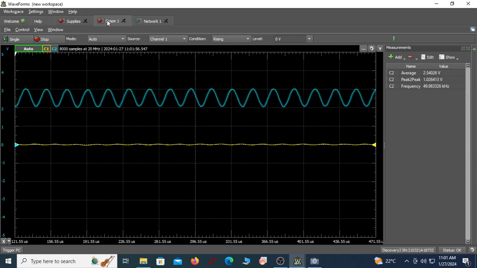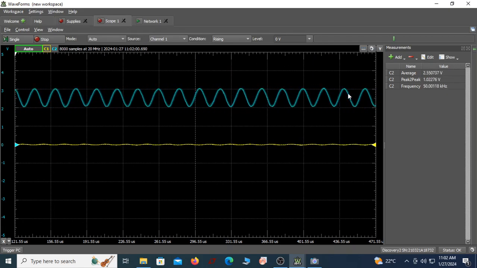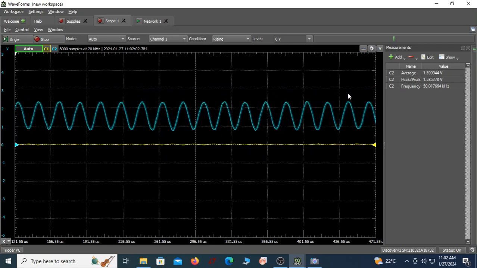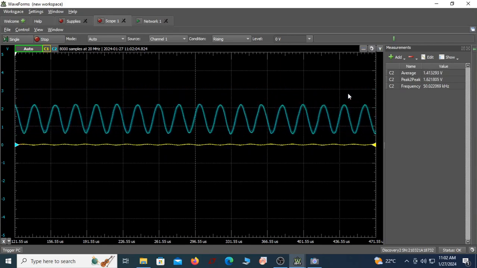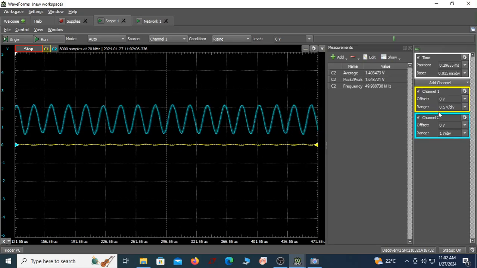Now let me make this resistance 3.3K. Now let me stop this. You can see what happens when I increase the value of RC. Let me note the values. What is the peak to peak voltage? It is 1.6 volts, with this value of RC.